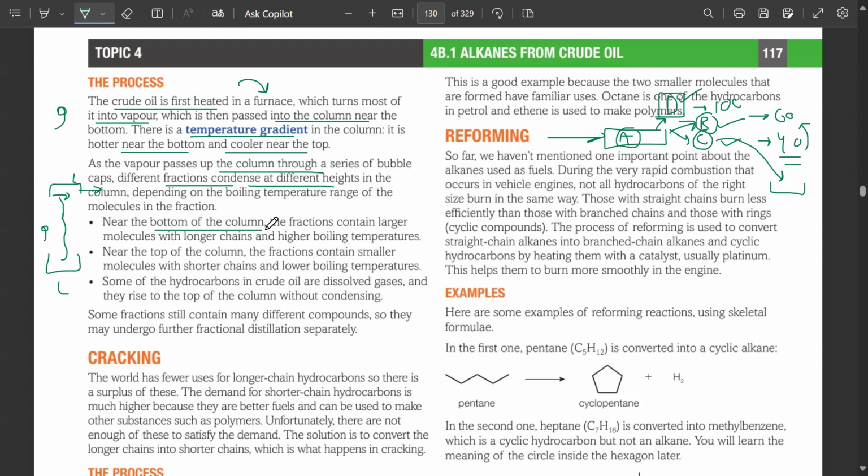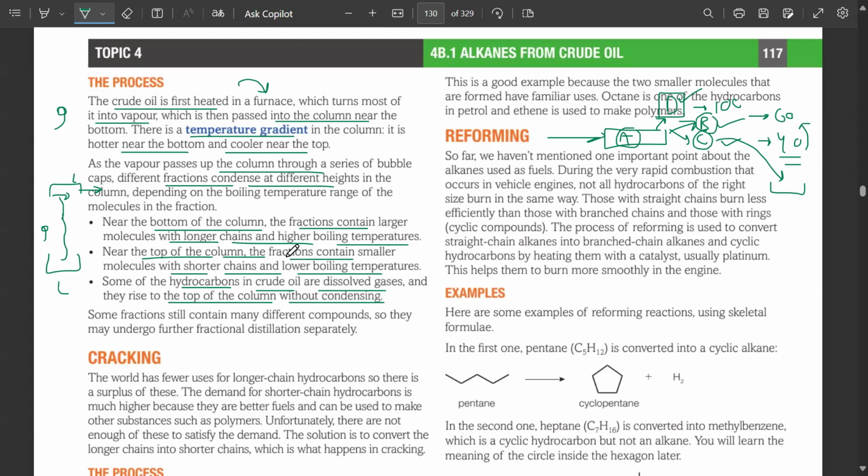Near the bottom of the column, the fractions contain larger molecules with longer chains and higher boiling temperatures. Near the top of the column, the fractions contain smaller molecules with shorter chains and lower boiling temperatures. Some of the hydrocarbons in crude oil are dissolved gases, and they rise to the top of the column without condensing.